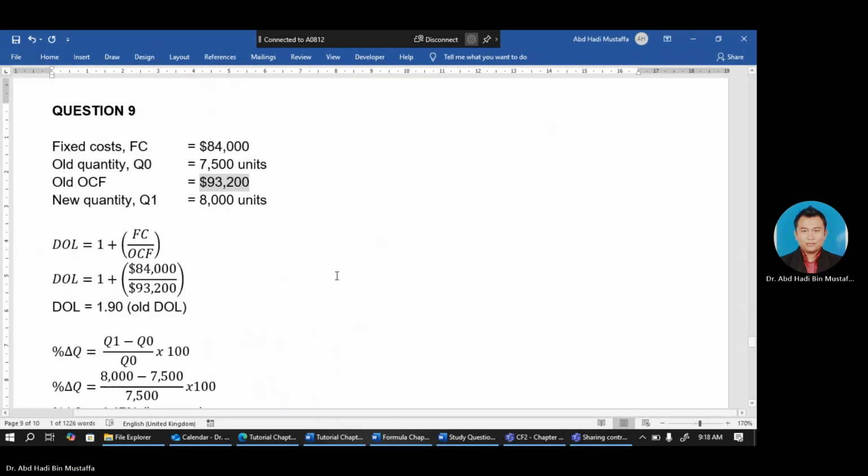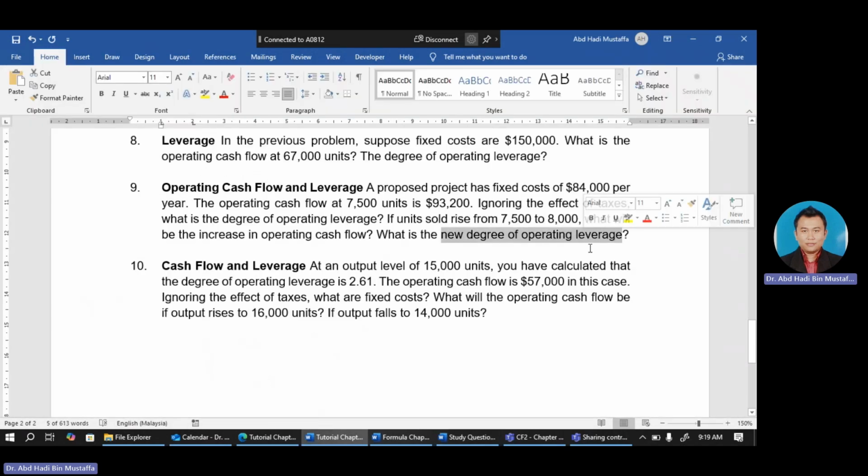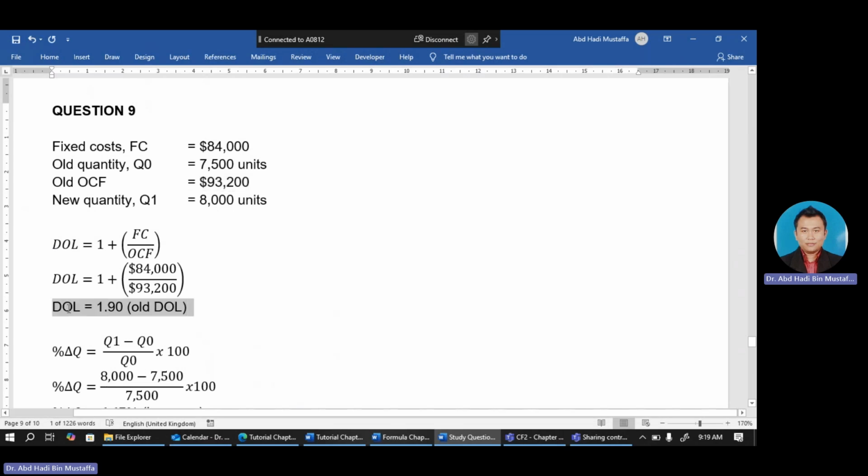So dekat sini kita nak cari yang lama. So FC 84,000 fixed cost, old OCF 93,200. So this is old DOL 1.90. Sebab apa? Soalan terakhir adalah new degree of operating leverage. Kena cari DOL yang baru. Sekarang kita cari DOL yang lama.